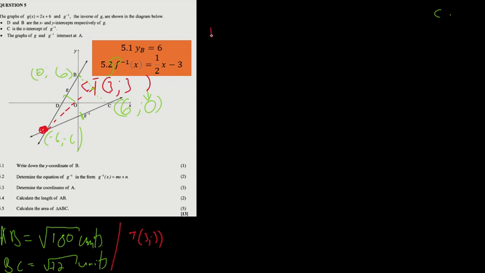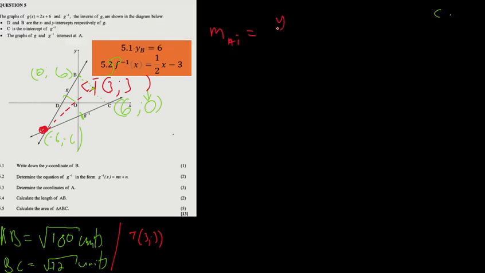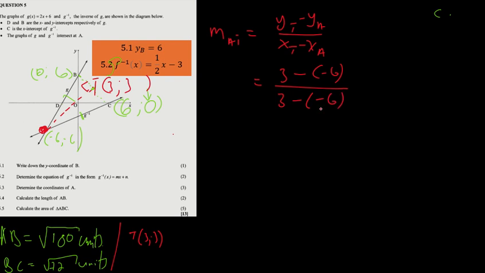So the gradient of AT is going to be equal to YT minus YA over XT minus XA, which is YT is 3 minus negative 6, all divided by XT, 3 minus negative 6.